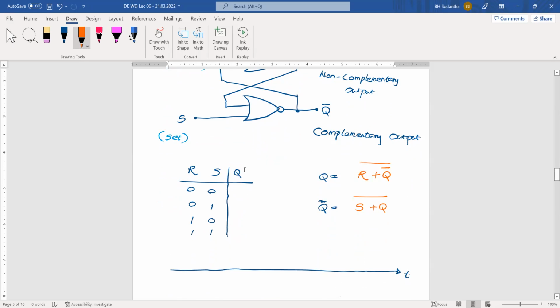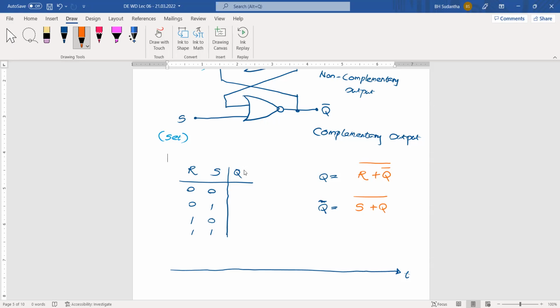When you decide the present output value, we have taken the previous output value. It's a mixture of the previous output and the present input values, and we combine them to make the output.